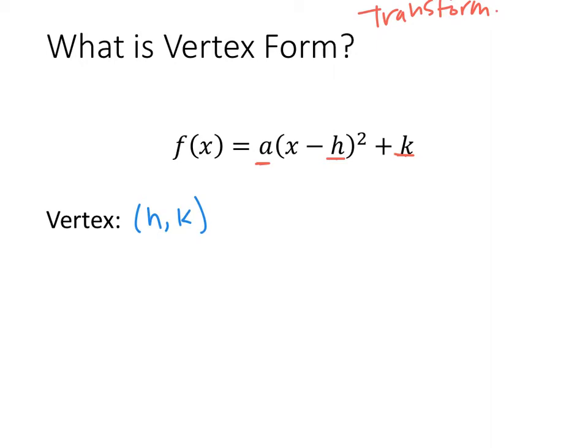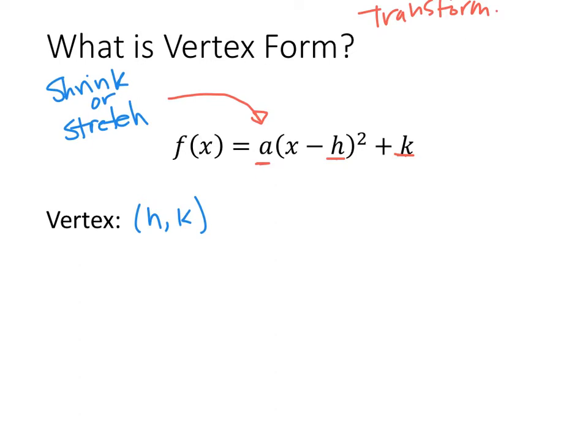Now, when I look at the rest of these variables, each one of these tells me something different. So a, this is what we refer to as a shrink or a stretch. And so we can talk about the transformation that happens. When we take a and we either increase that value or decrease that value, it makes our graph stretch, or it makes our graph shrink.